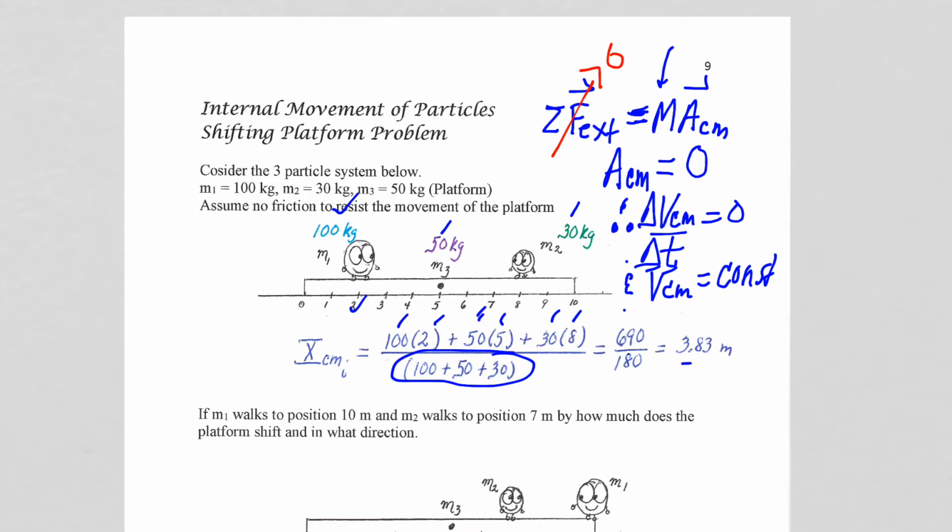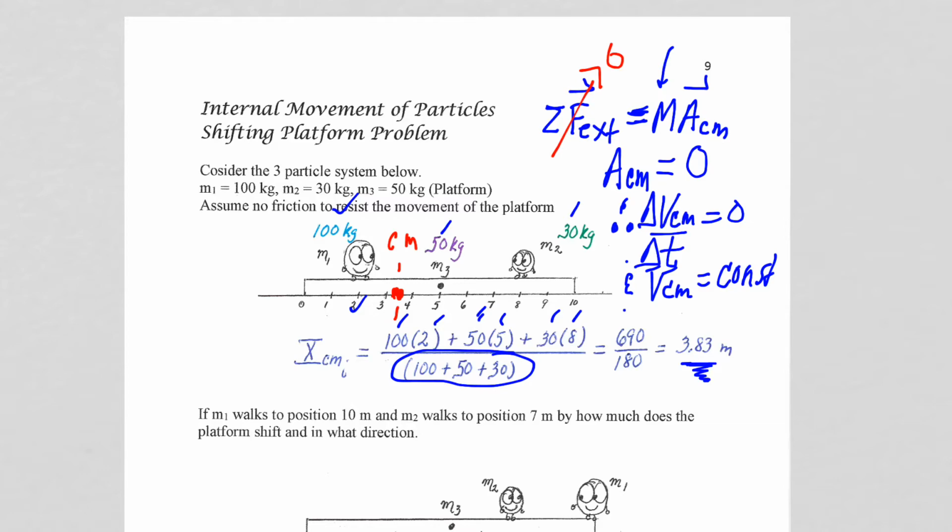So we get the center of mass of this system is at 3.83. So that is the center of mass. And that cannot move based on just the particles moving left or right.